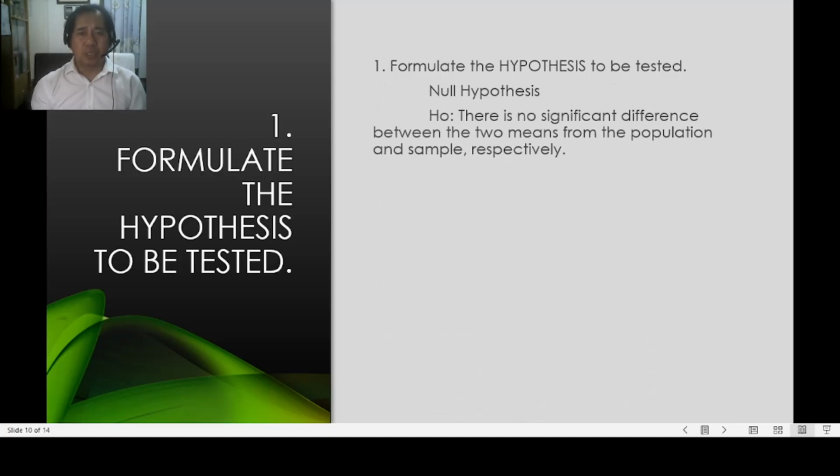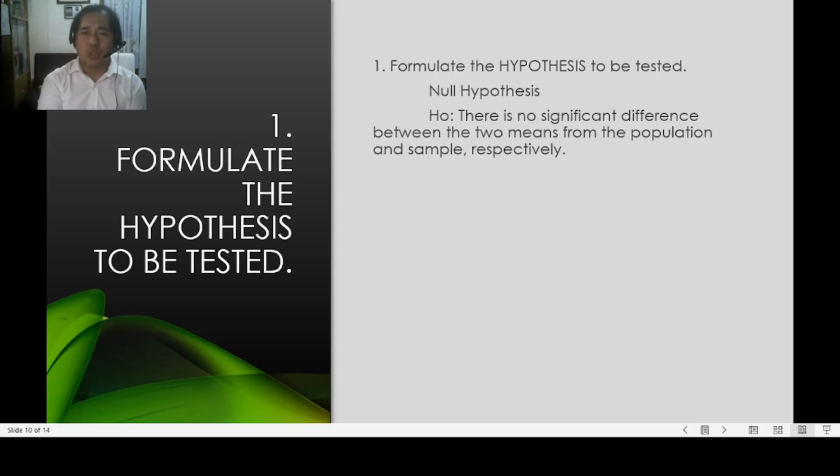The null hypothesis says there is no significant difference between the two means from the population and sample respectively, meaning the two means being considered are the means of the steel bars delivered by the manufacturer, which is considered the population.